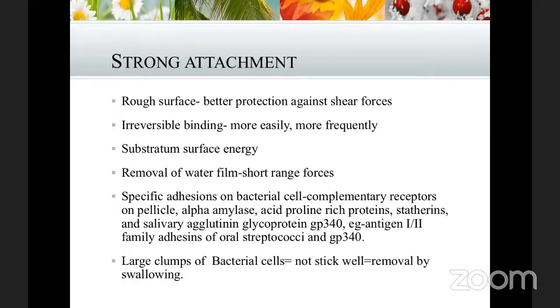Large clumps of bacterial cells do not stick well and are removed by swallowing. So when the upper layers of plaque mass increase, shedding of the bacterial mass also occurs, and this shedding occurs by removal through swallowing also.